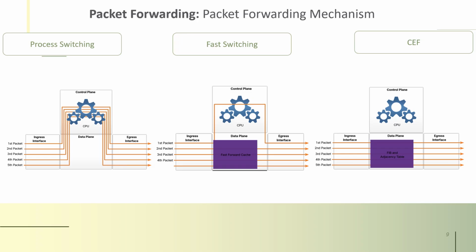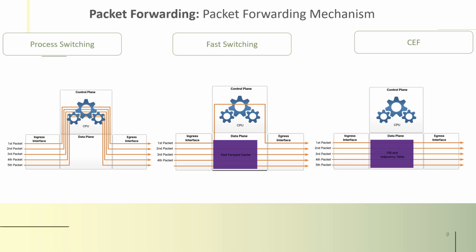However, the table entries are not packet-triggered like fast switching but change-triggered, such as when something changes in the network topology. Therefore, when a network has converged, the forwarding information base and adjacency table contain all the information that the router would have to consider when forwarding a packet.